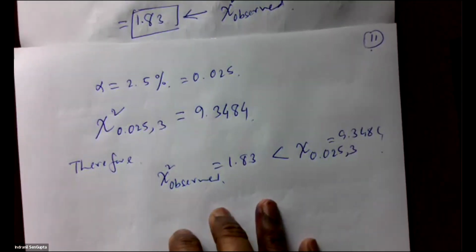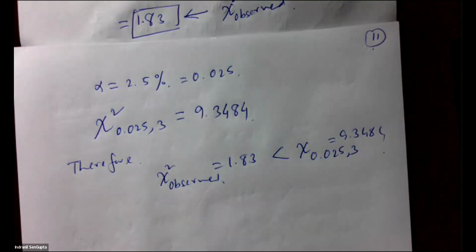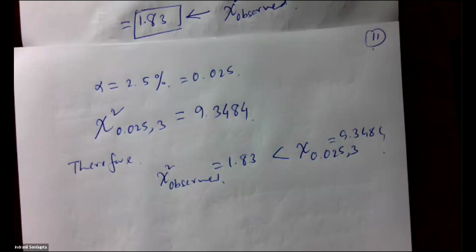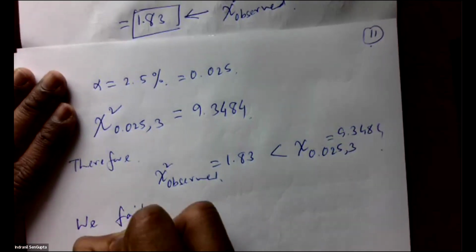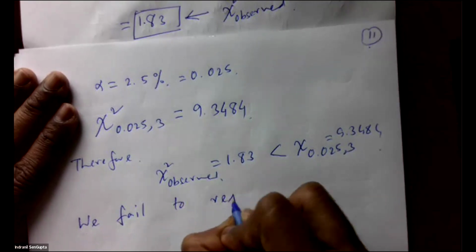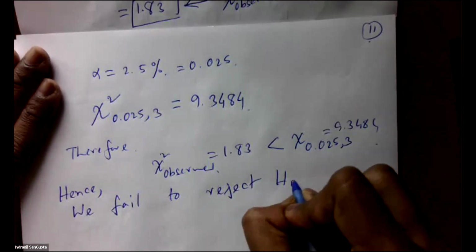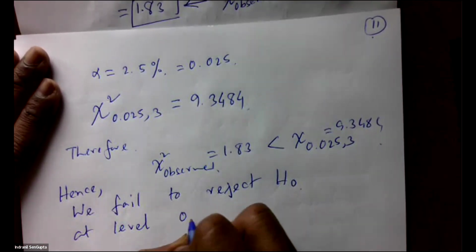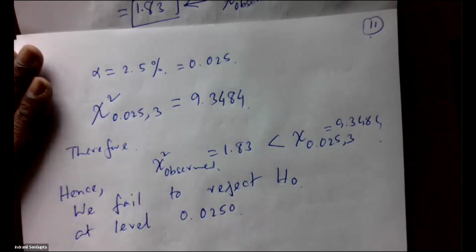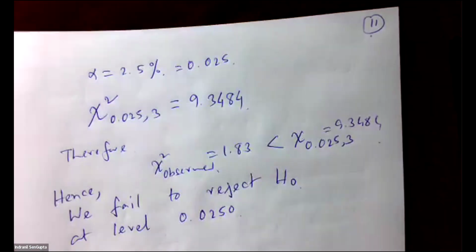That means we cannot reject the null hypothesis H0. So we fail to reject. Hence, we fail to reject H0 at level 0.025.